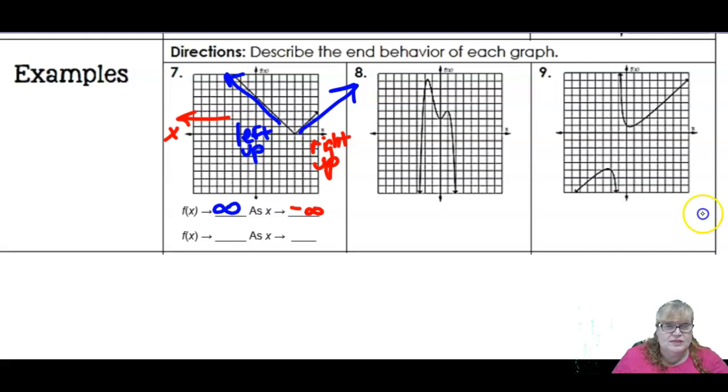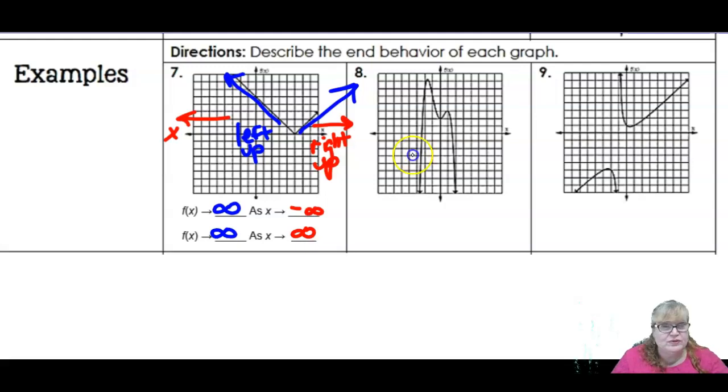To say it goes to the right, we say x values going further to the right are getting bigger and bigger, and as the x values get bigger, the graph of the function is going up. So this time both end behaviors are up for the y values on the left and the right.